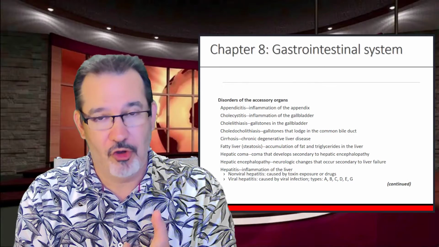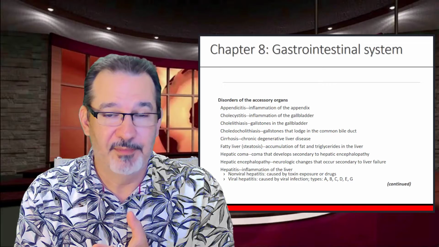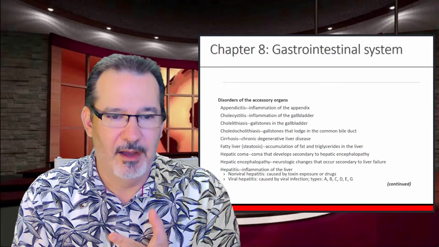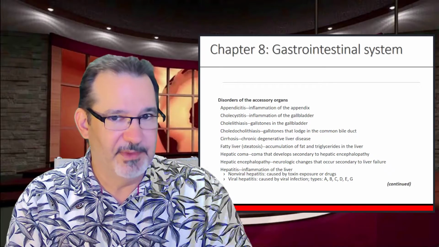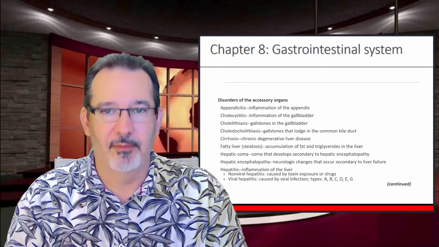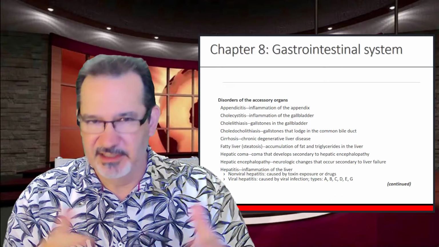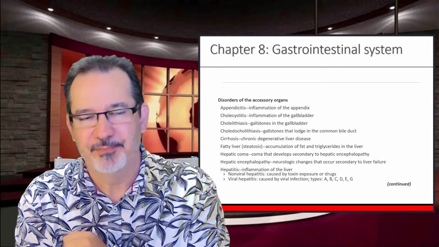Very easily treatable, caught early, which is typically just removal of the appendix, just like cholecystitis or inflammation of the gallbladder. Same thing, we typically, for chronic problems or for severe pain, remove the gallbladder, and then we relieve that problem for a patient.